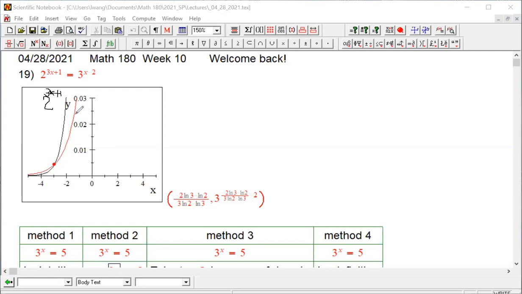And the red is, of course, 3 to the power x minus 2. Okay, these two curves have a crossing.